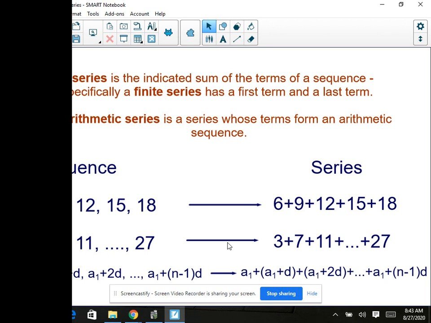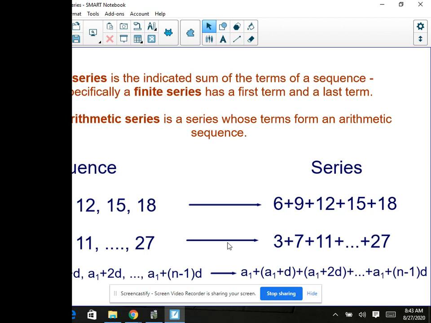If I take those same numbers, but I add them together, that's the sum of the sequence. That's a series. We're going to have both finite and infinite. Finite, of course, meaning it ends. There's a stopping point. Infinite being it goes on forever.